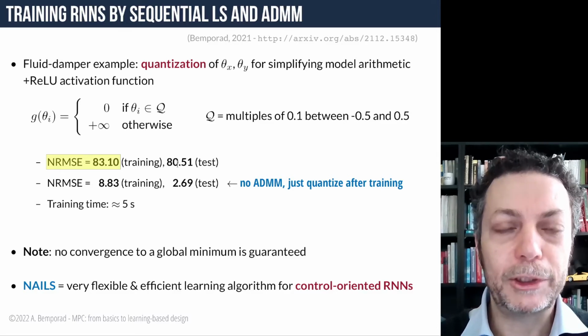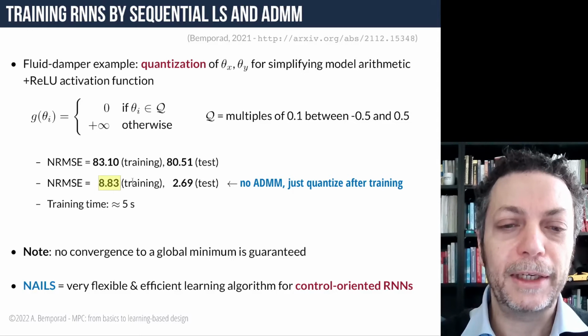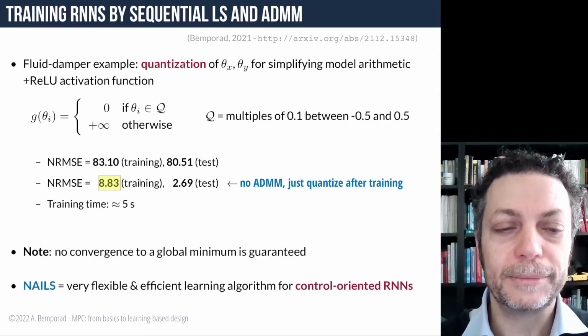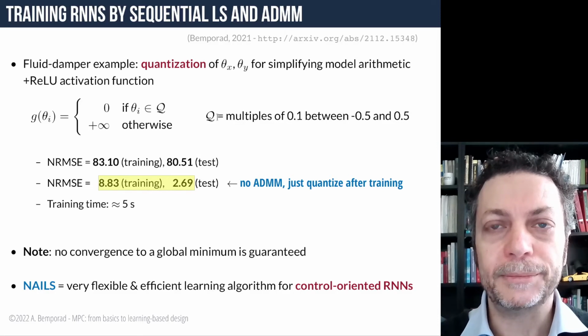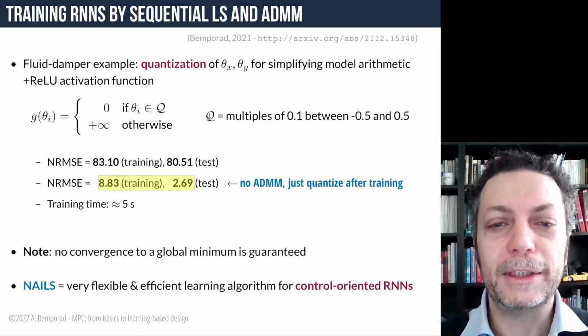But this is much better than what you will get if you first train the model by sequential least squares, for example, and then quantize the coefficients. A much worse model you will get. So this is very beneficial in getting a model that in the end is very simple.